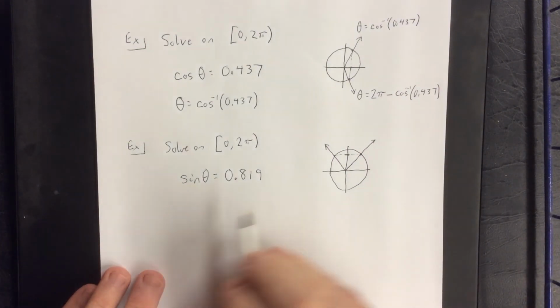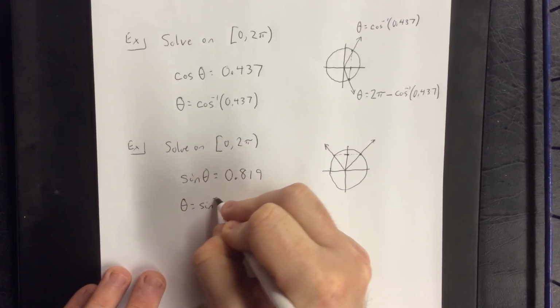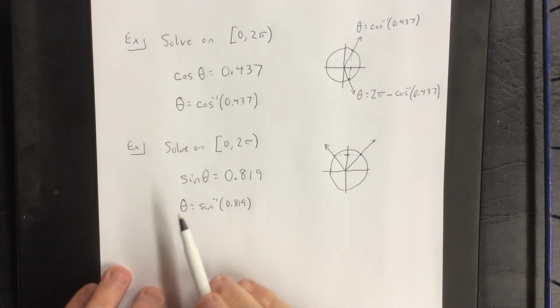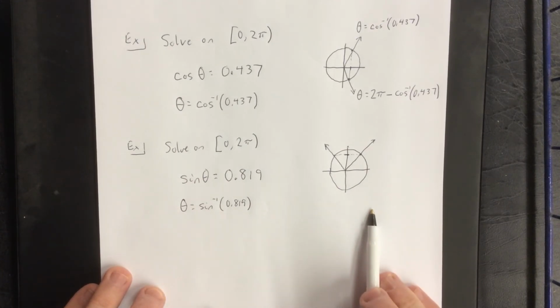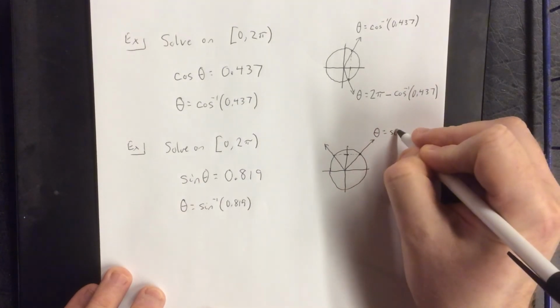Now once again, we can make use of an inverse sine and say that theta will be equal to the inverse sine of 0.819. But the inverse sine is only capable of giving us a quadrant 1 or quadrant 4 angle. As a result, this is the angle that you just found.